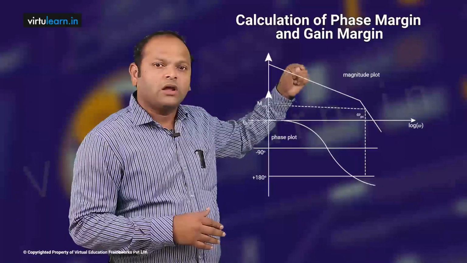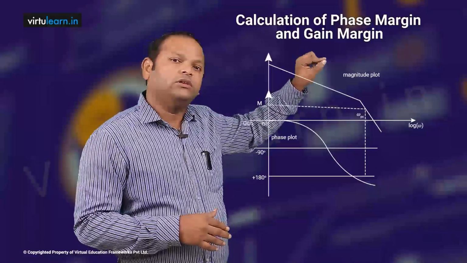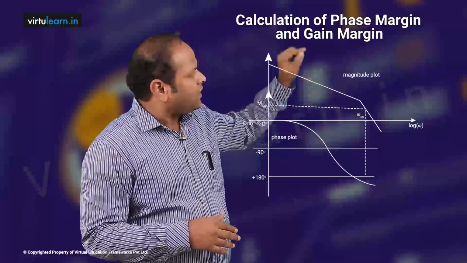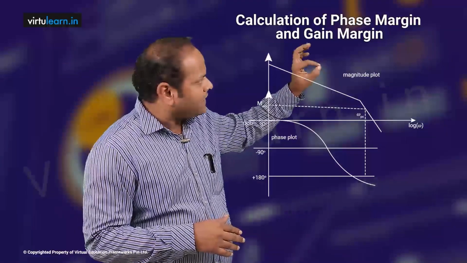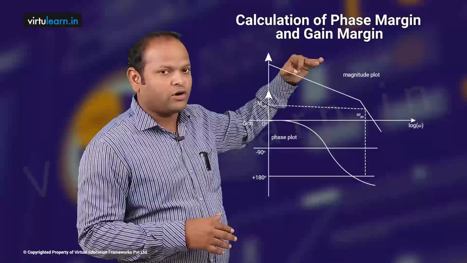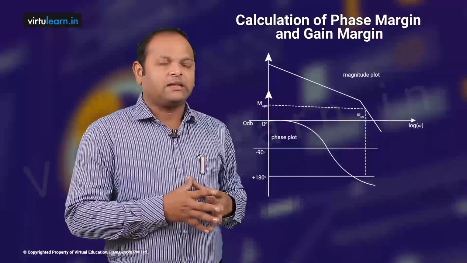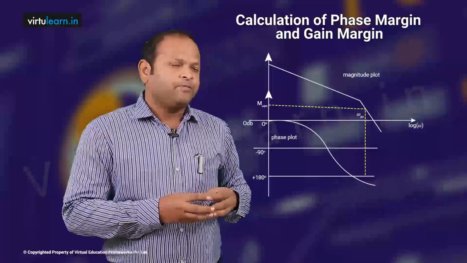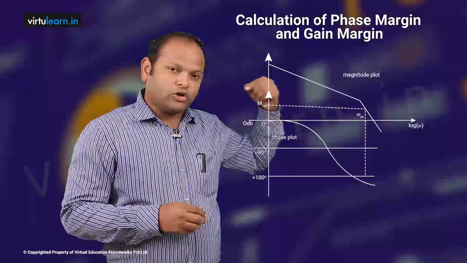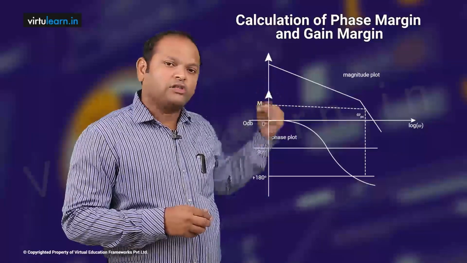Similarly, on the magnitude plot, if the MPC dB point is below the 0 dB line, then the gain margin is positive. When it is above the 0 dB line, the gain margin is negative. When the gain margin is positive, the phase margin will also be positive.